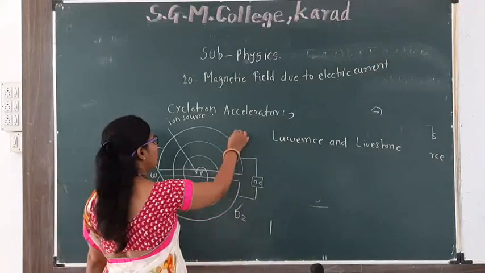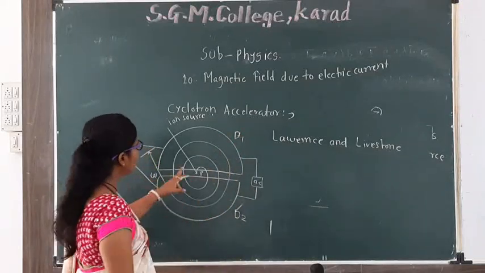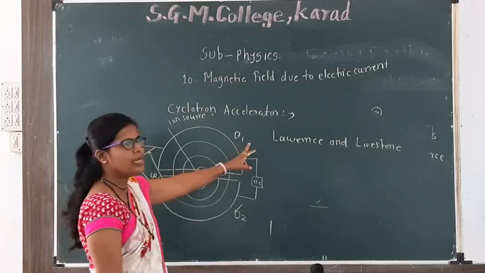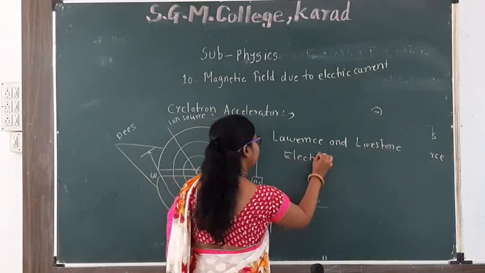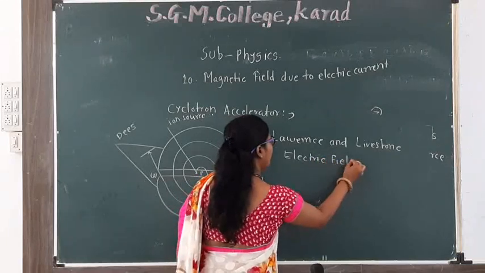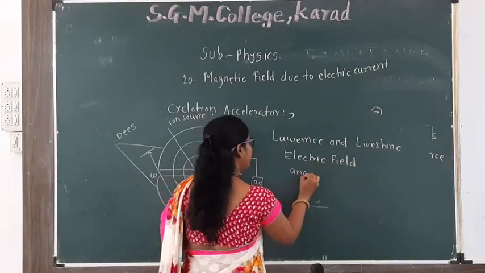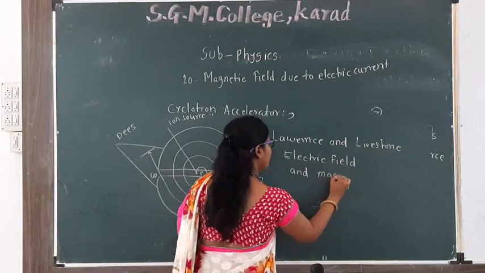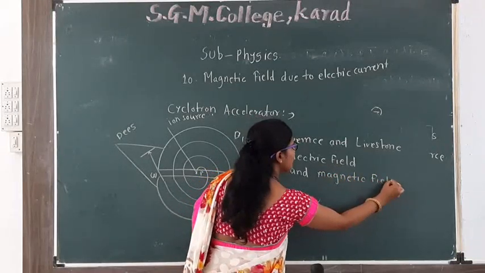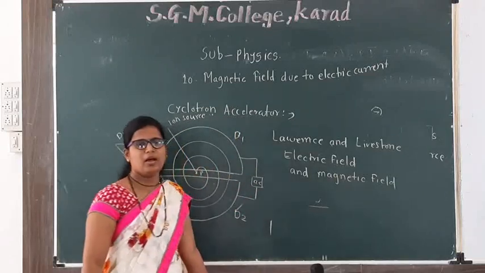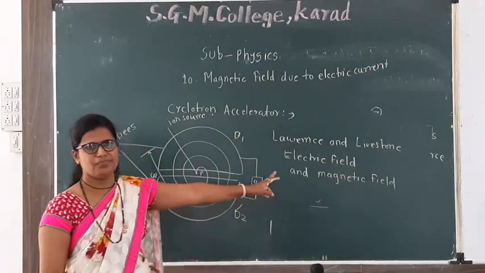Now in this cyclotron there are the electric field and magnetic field. This cyclotron uses the electric field as well as the magnetic field in combination.